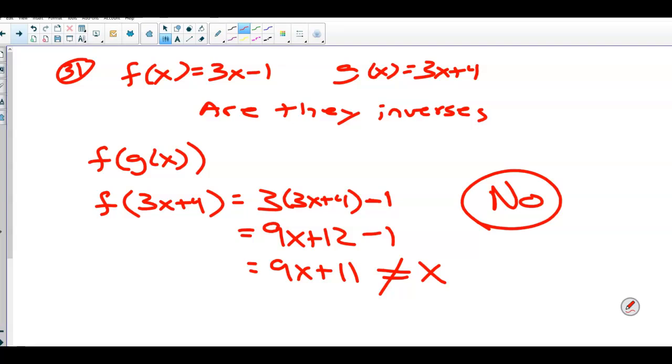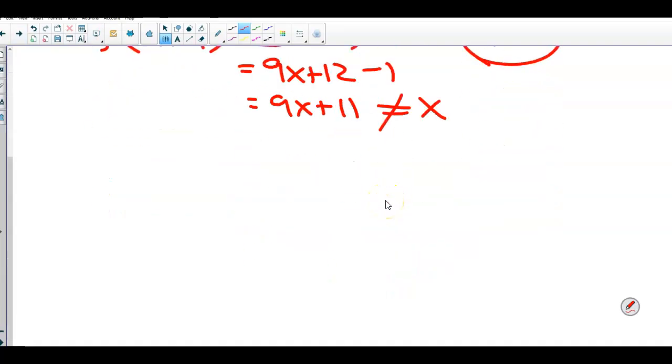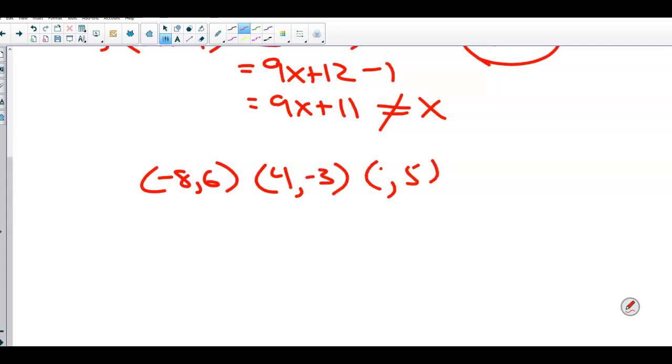32 is pretty basic in terms of inverses. They give you the relation negative 8, 6, 4, negative 3, 1, 5. That's the relation. So the x's are negative 8, 4, and 1. The y's are 6, negative 3, and 5.